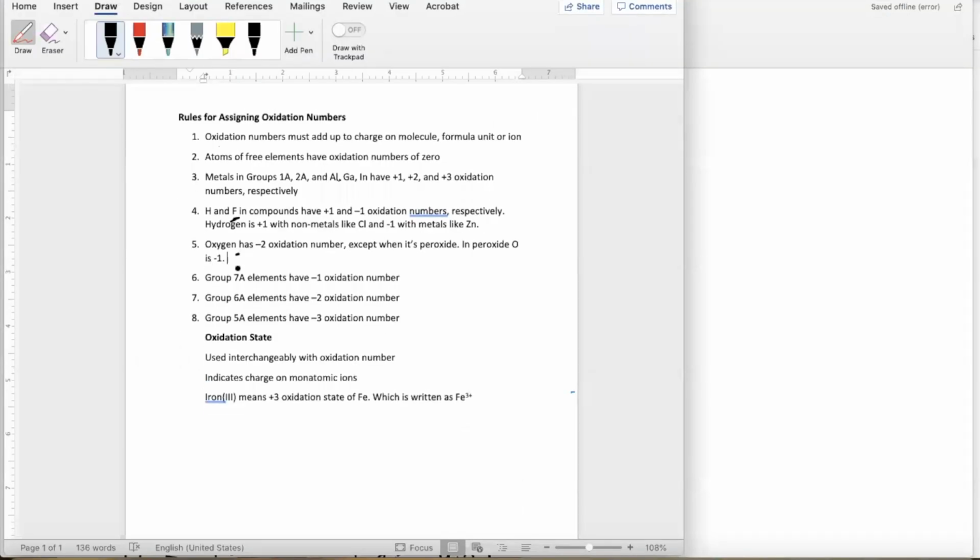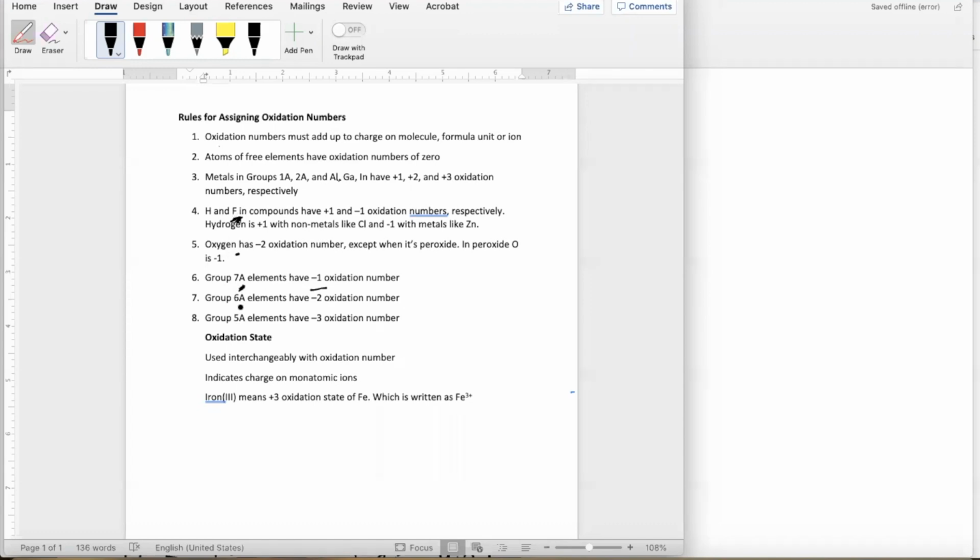Now let's finish these rules. We talked about oxygen. Now these ones you already know, guys. Group 7, which is fluorine, chlorine, bromine, iodine. What charge do they have? -1. Fluorine has already been mentioned before, so don't mix that fluorine into this group 7A. Fluorine was exceptionally mentioned in rule number 4, so it always has the higher priority, even before oxygen.